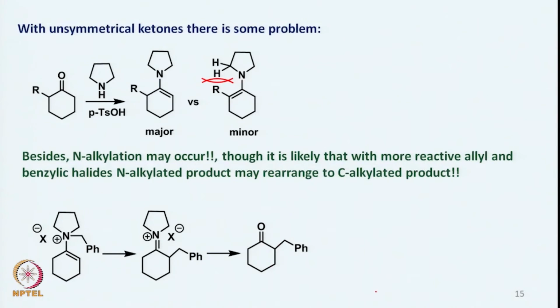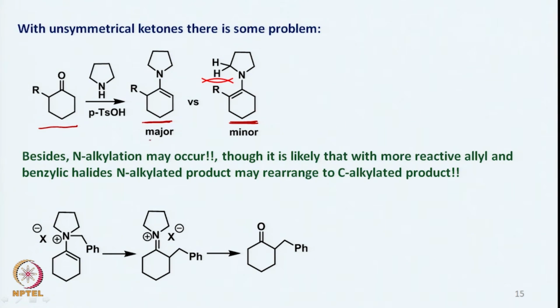At the same time, with unsymmetrical ketones also there is a little problem. Suppose we start with an unsymmetrical ketone like this, and we make the enamine by reacting with the pyrrolidine and paratoluene sulfonic acid, and eventually we expect to get either of the two enamines, because it is an unsymmetrical ketone, and therefore when the enamine is formed, it could form on this side or it could form on this side.